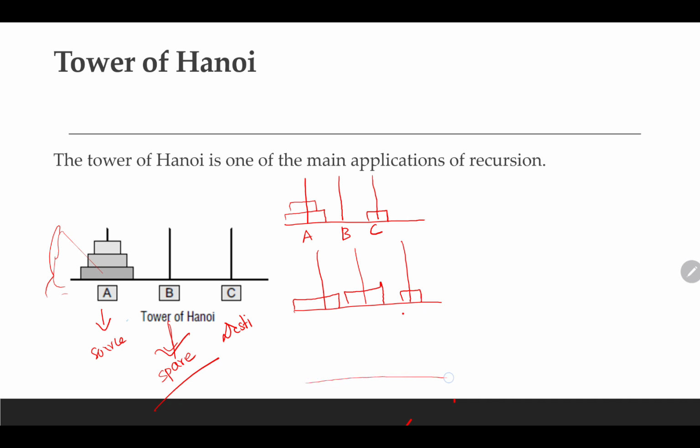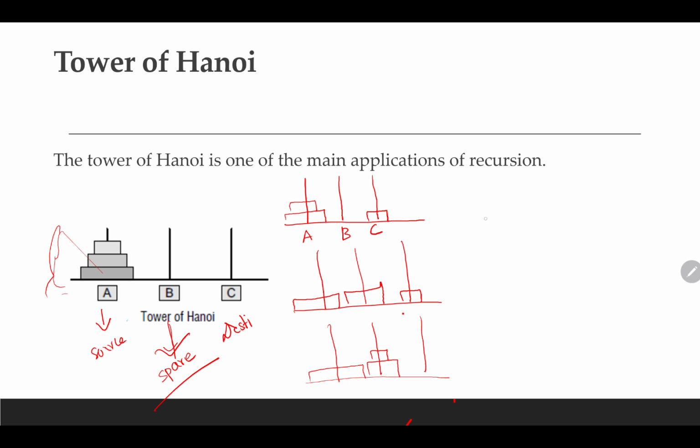In the next step, the biggest ring is in pole A, the medium is in pole B and the small one will be on top of the medium.